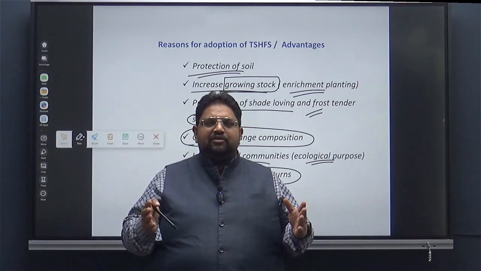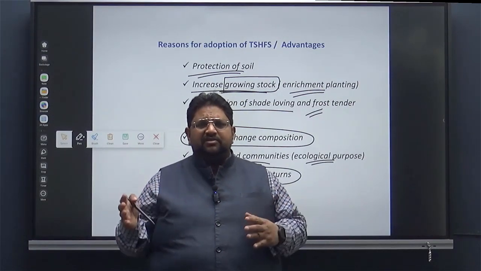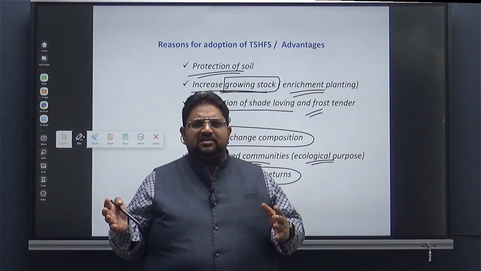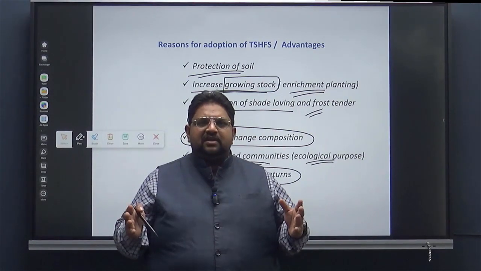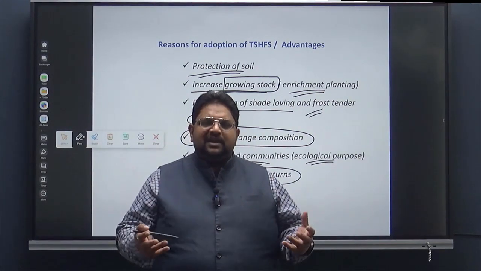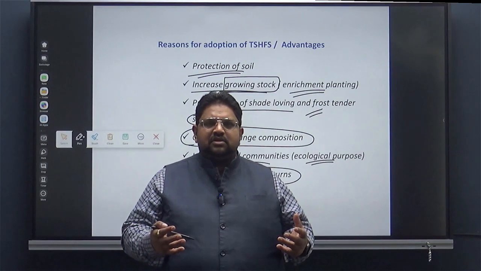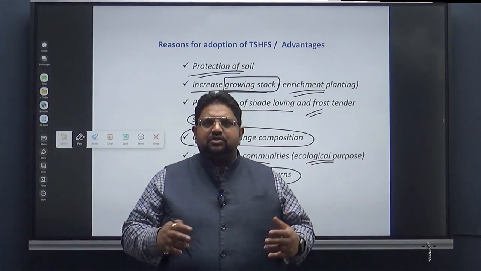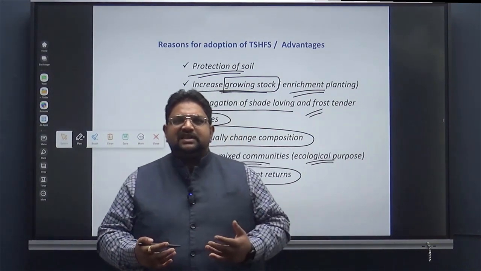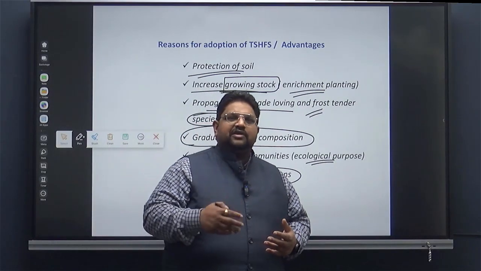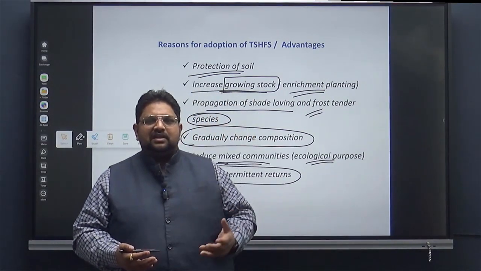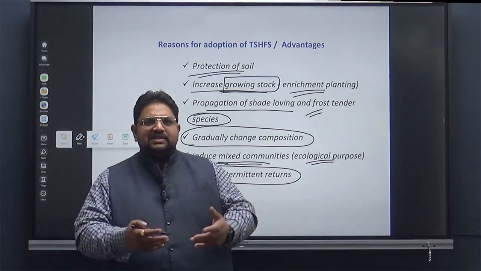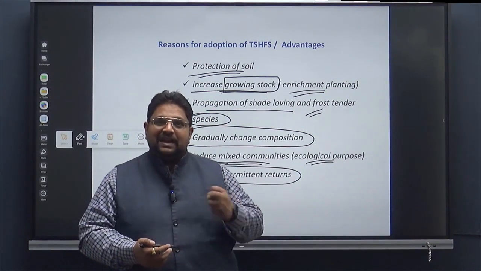Some trees will have a rotation period of 100 years, 120 years, 140 years. So it's a very long wait for anyone to get the income. It is a general saying in forestry that what we sow we will never reap. Only the next generation will be able to reap it.